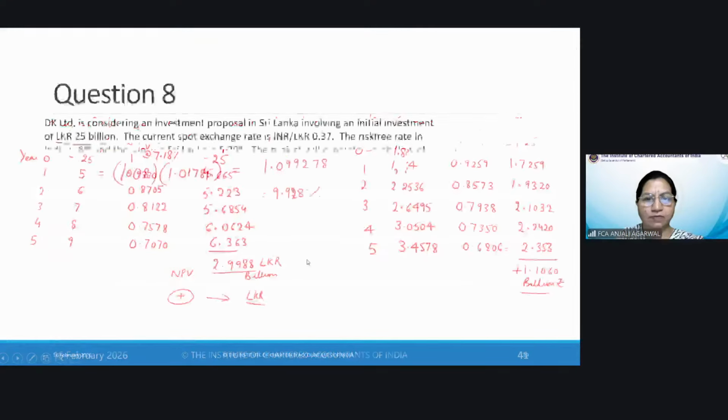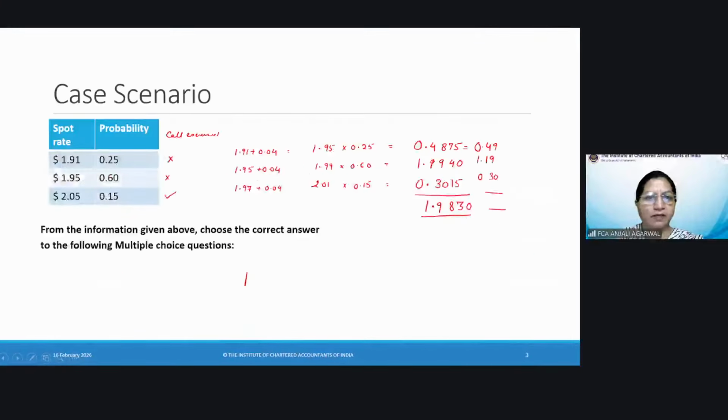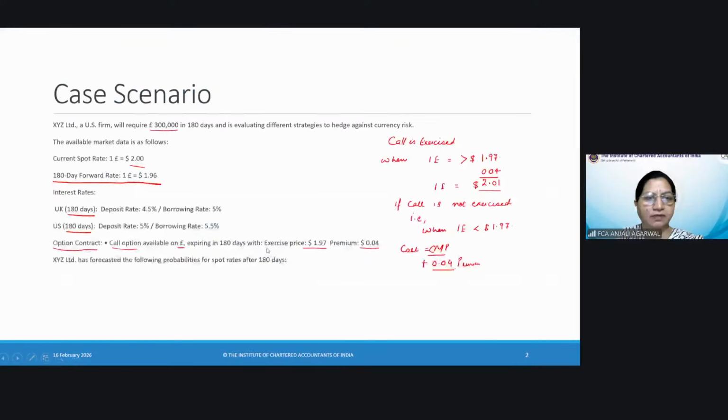Apart from this, I'll just quickly recap whatever we have done today. So we started with the role of derivatives and options in case of foreign currency hedging. In forward, a rate is fixed, you use that. In money market hedge, like we said, a US firm requires pounds.